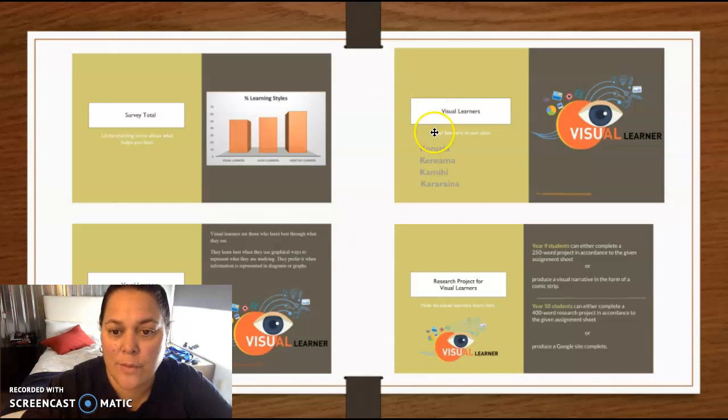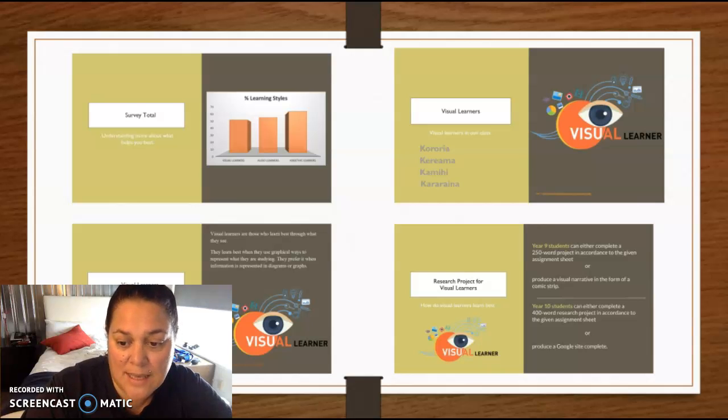Once they were grouped, so those are all the people in the visual learners, I gave them options when I handed out their research project, and they were allowed to have the choice. For example, my year 10 students whose results showed that they were visual learners had the option of producing a standard 400-word poster, or they could try producing a Google site on their chosen topic.